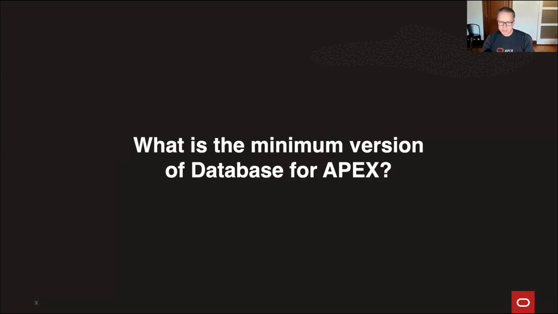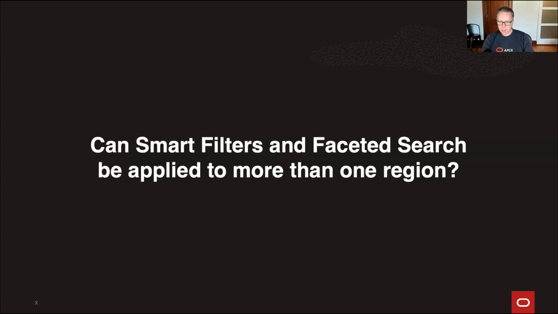What is the minimum database for Apex? The question was specifically about the 21.1 patch set bundle, but in general, we're still supporting database 12.1.0.2 with Apex 21.1 as well as 21.2. And then also, smart filters and faceted search, can they be applied to more than one report? No, they drive one filtered region.